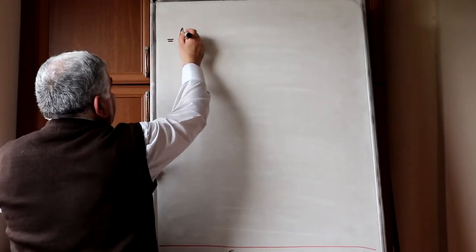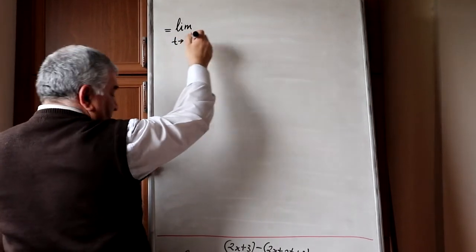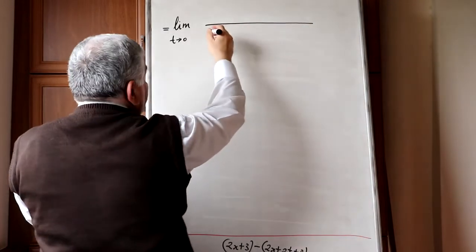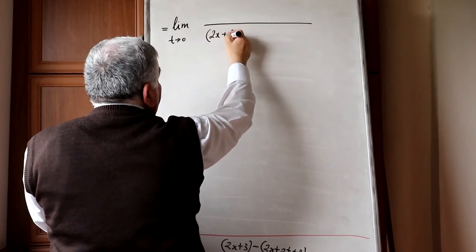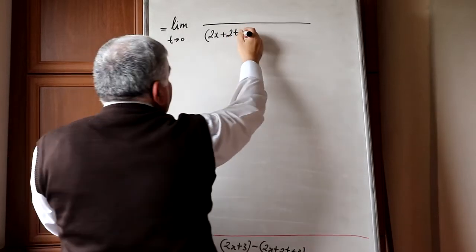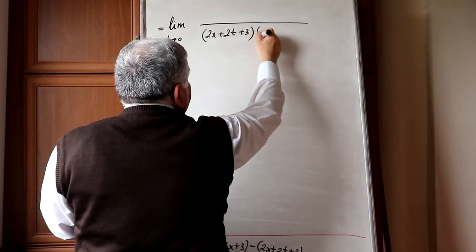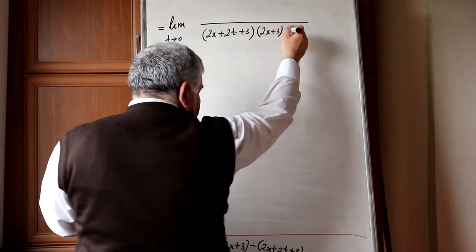Equals limit when t tends to 0 of 2x plus 2t plus 3 multiplied by 2x plus 3 multiplied by t.